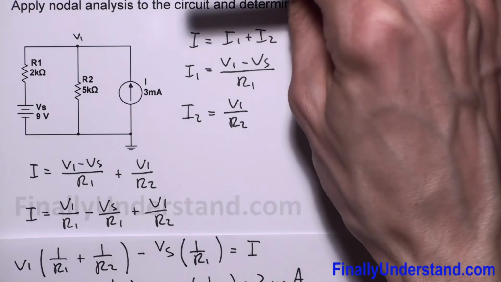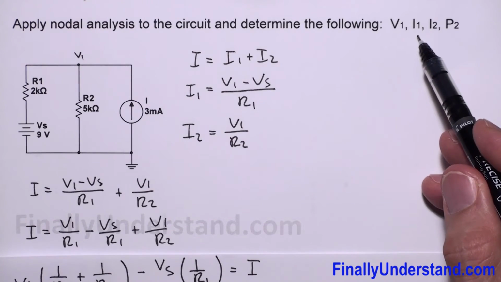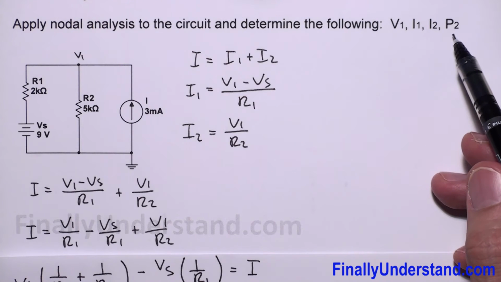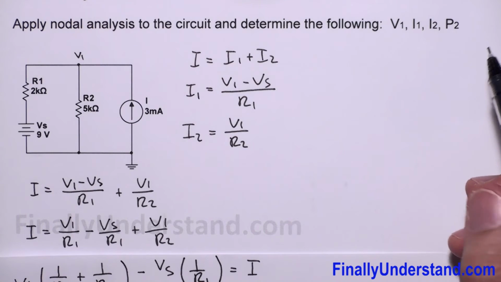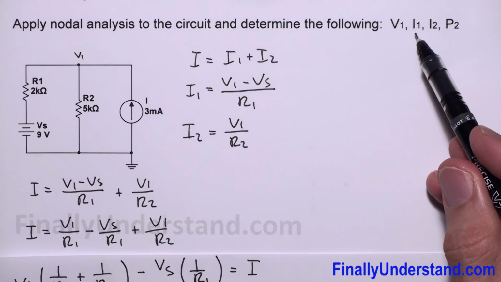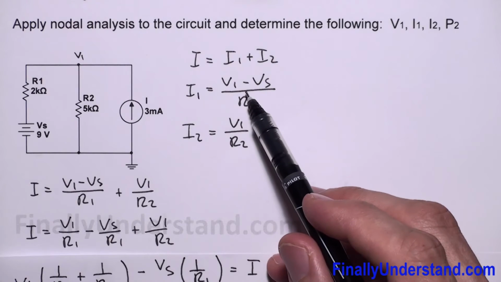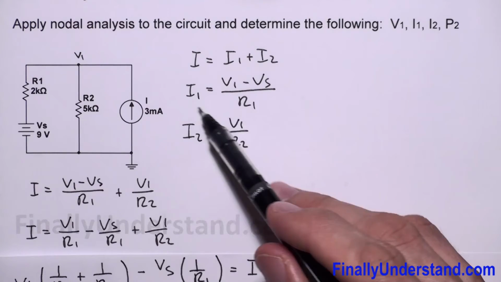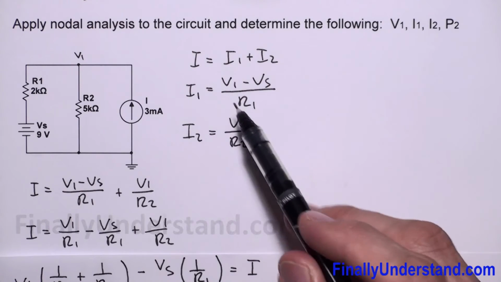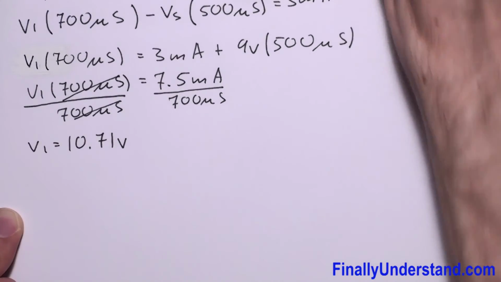So next I'm supposed to find I1, I2 and power at resistor R2. So we found V1, so let's find I1. I1 is equal to V1 minus voltage source over R1. We have the formula already over here, right? So let me use this formula again.